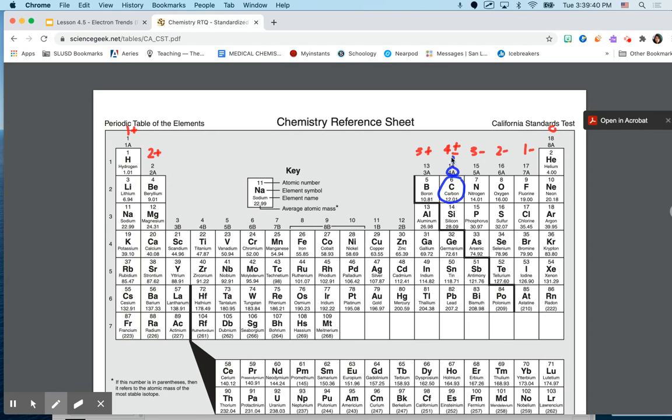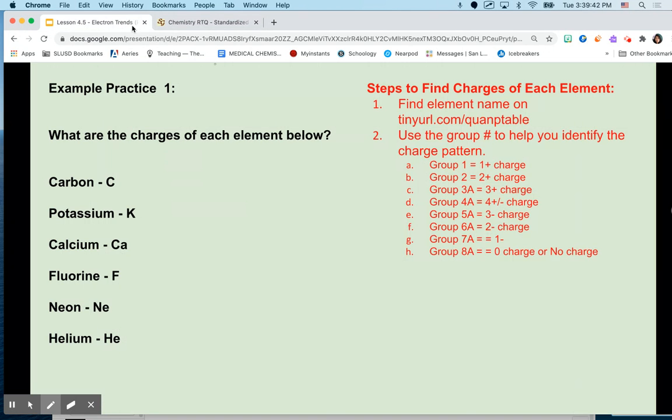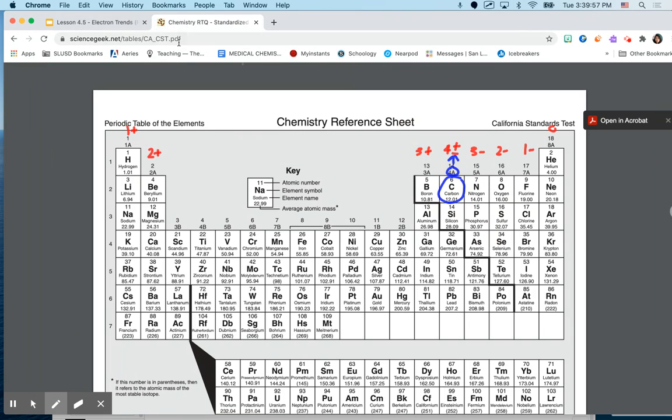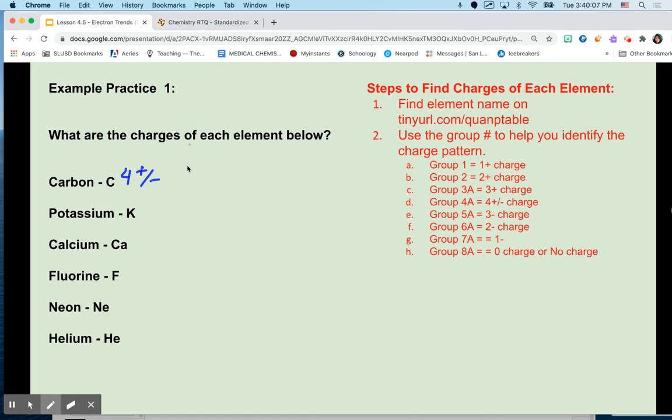Well, it's going to be plus or minus 4. So 4 plus or minus, meaning it can either donate or lose 4 electrons, or it can gain 4 electrons.